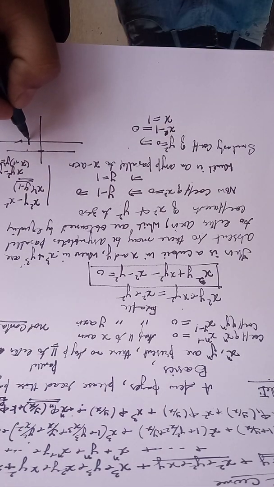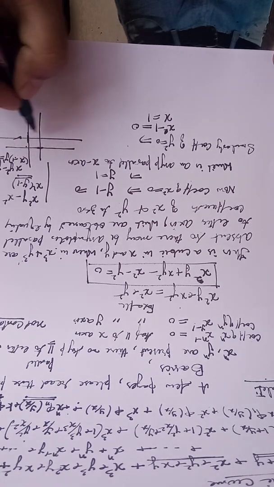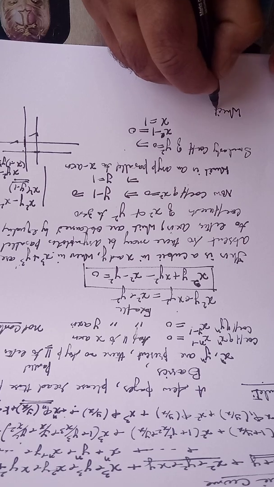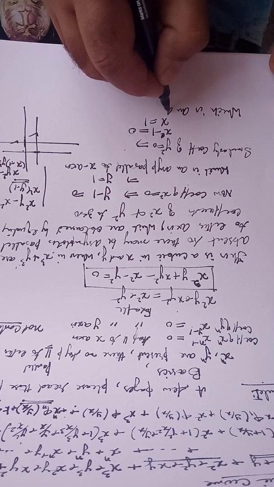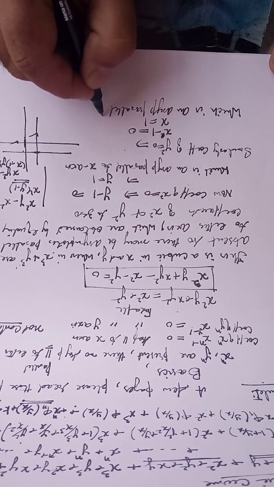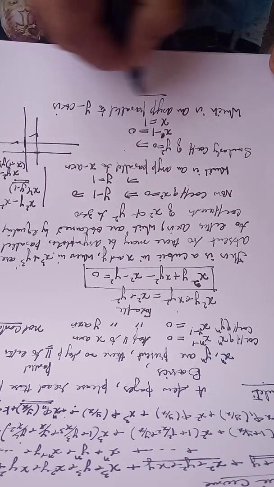See, this line is an asymptote parallel to y-axis. Fine.